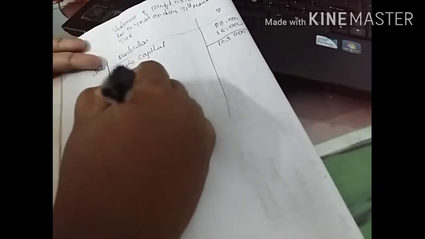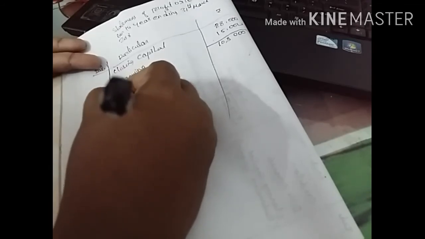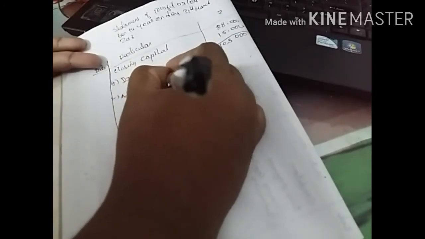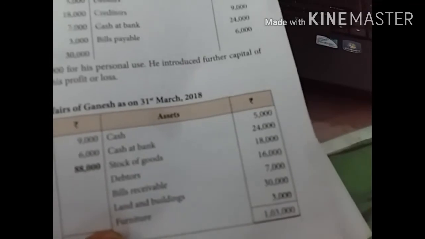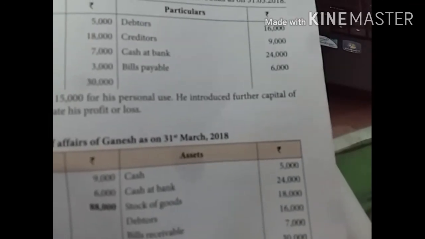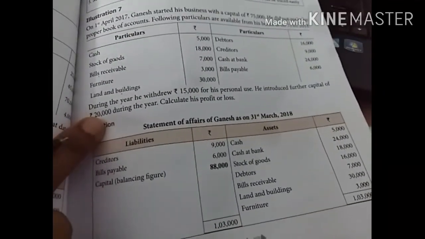So from this we have to minus the additional capital. That is also given in your problem. See, how much further capital was introduced? 20,000. So they introduced further capital of 20,000. So we have to minus 20,000.